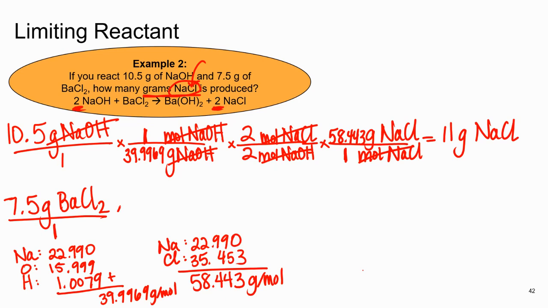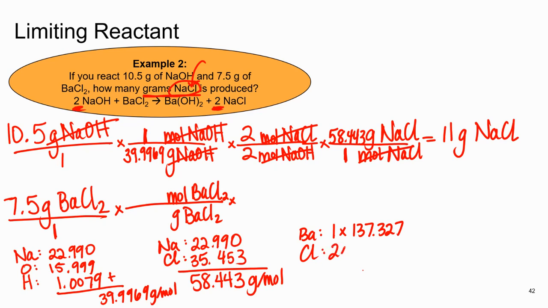Now we need to do the same process for barium chloride. We need to bring down grams of barium chloride and get to moles of barium chloride. So we'll get its molar mass. There's only 1 barium here.